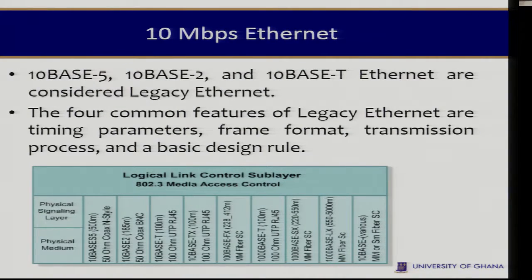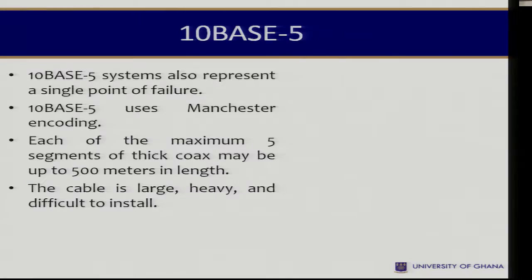The diagram shows you which technologies operate at what layers. So you can see that these are at both the physical signaling layer and the physical medium. And this is for the logical link control sublayer.